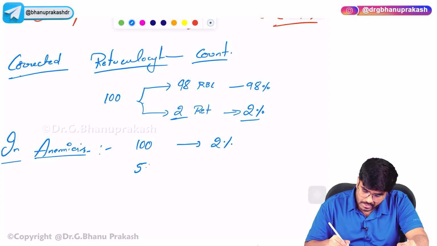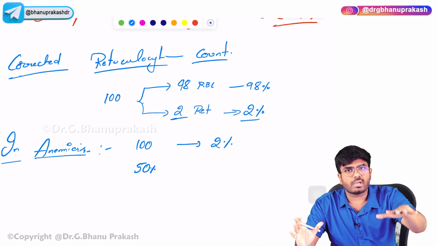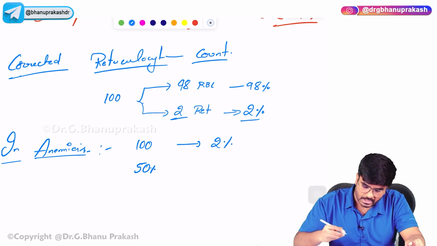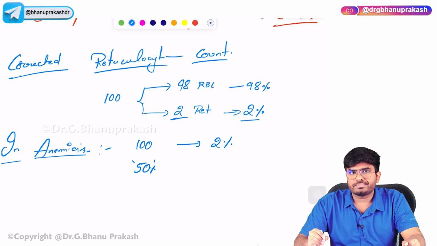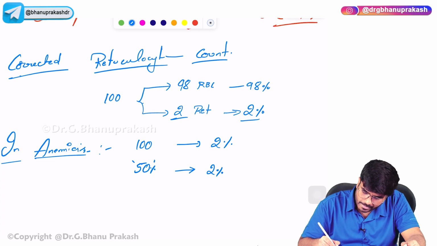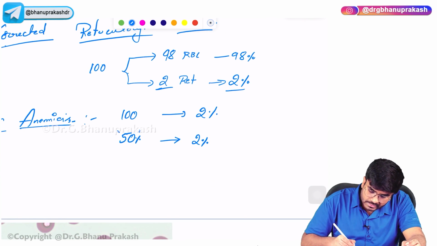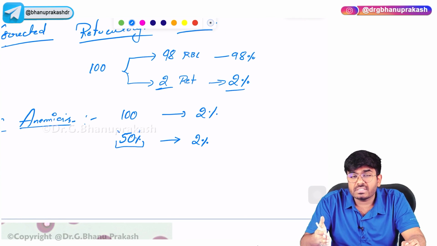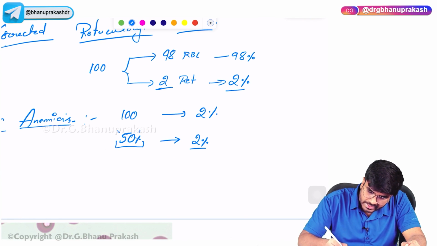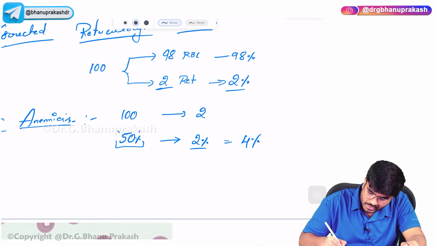But for example, 50 RBCs are destroyed or underproduced, and the RBC count comes down. Out of these 50 RBCs, 2 reticulocytes are still there, but the RBCs are going down. As the RBCs go down, the reticulocyte count is going to be 4%.